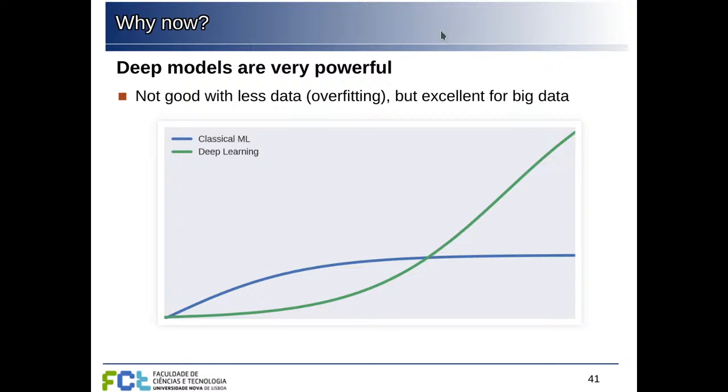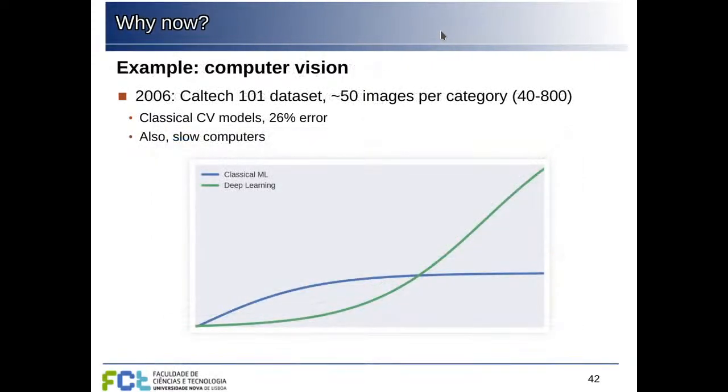So one of the requirements for deep learning to really be useful is that we have lots of data. We can see an example here. In 2006, there was a competition for image classification, and there was this Caltech 101 dataset. They had 101 categories, and about 50 images per category.